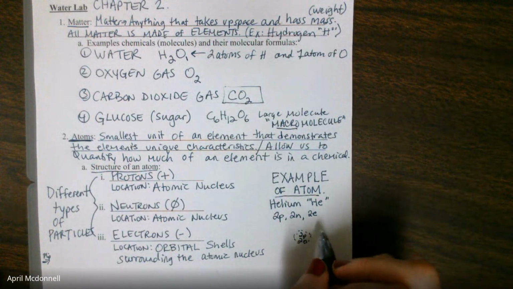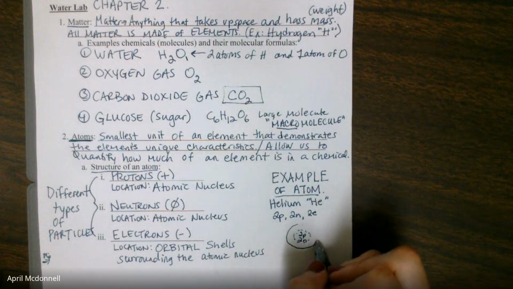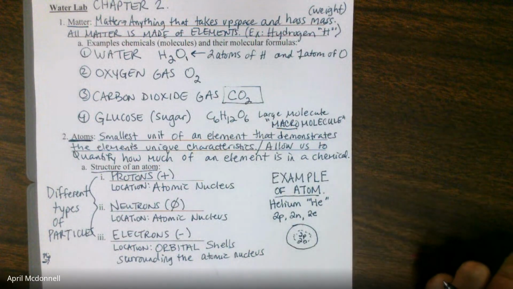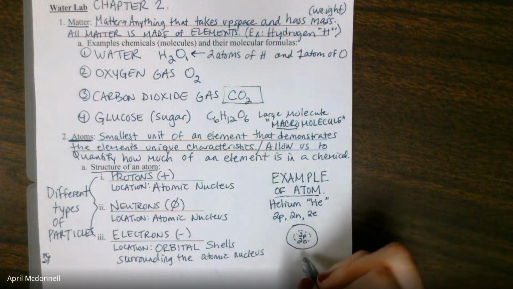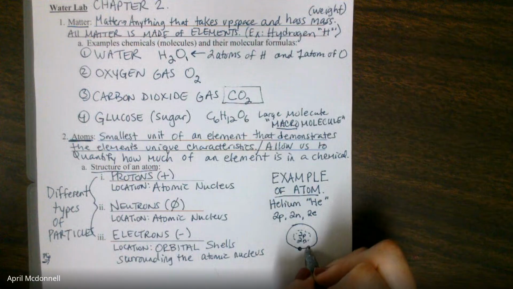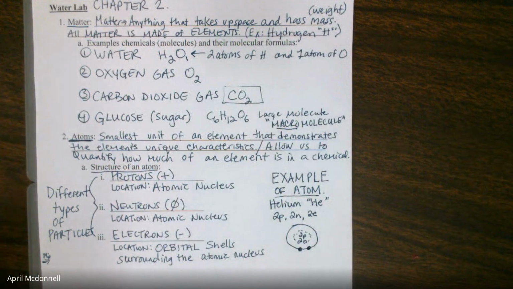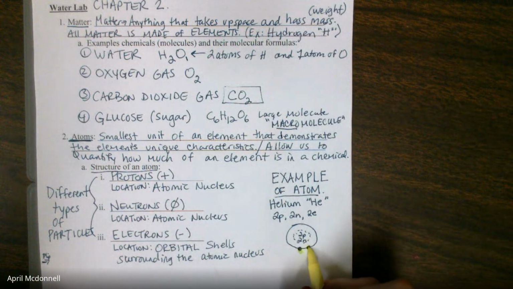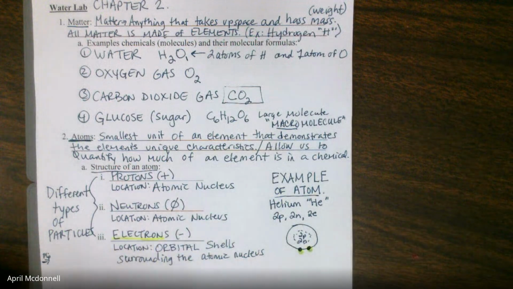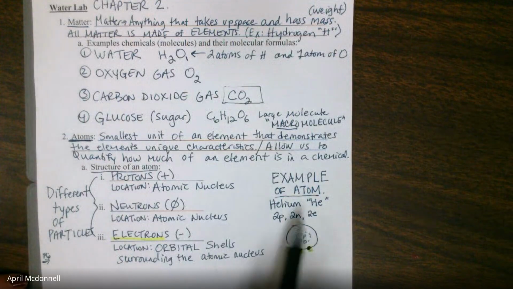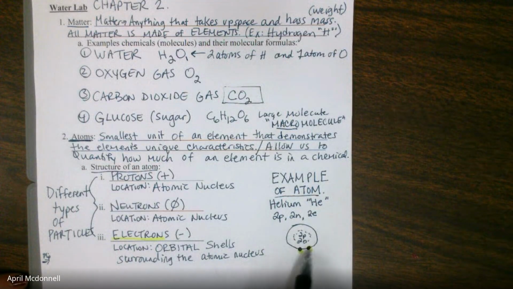And then we are going to draw an orbital shell around the inner nucleus and draw our electrons. We will use dots to represent the electrons. The electrons are orbiting at nearly the speed of light around the atomic nucleus. And they usually travel in pairs if pairs of electrons are available.